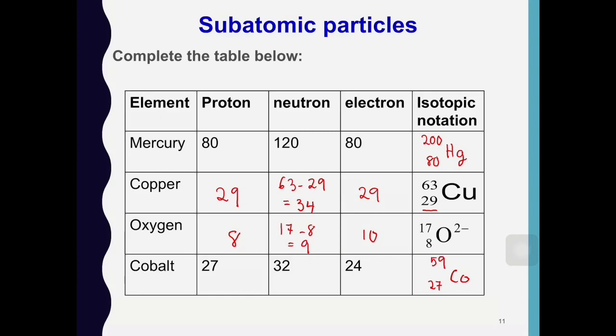And let's look at the charge. Since the number of proton and electron is not the same, it means that this is an ion. To find the charge, just subtract proton minus electron. So 27 minus 24, the answer is positive 3. So we write the charge as 3 positive.